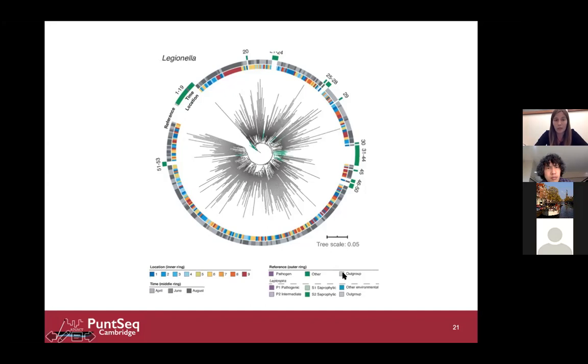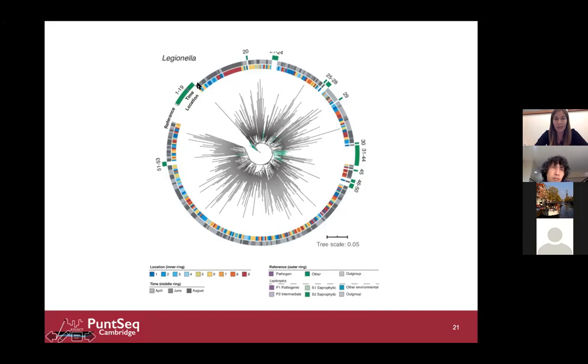Plus we also included one outgroup that you can see here. For Legionella, we have a few pathogenic strains that we got from the databases. The rest of them are non-pathogenic ones.